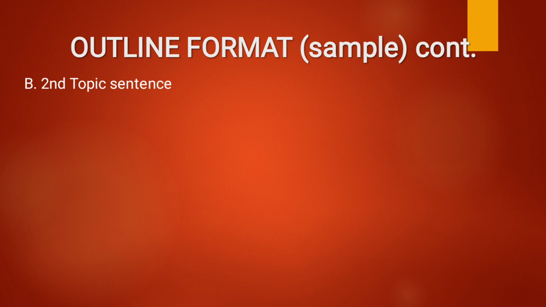So when we come to B, the second topic sentence, its first major supporting sentence will be numbered I. It will not continue from the A, the first topic sentence's numbering. No, it won't continue from there. Under the second topic sentence, the first major supporting sentence is I, and the second major supporting sentence will be II.